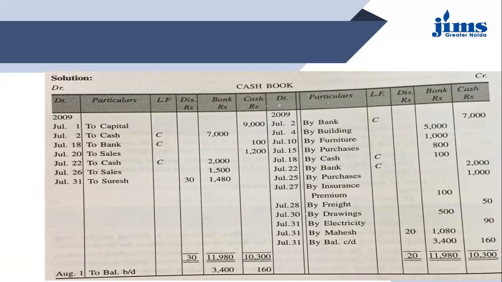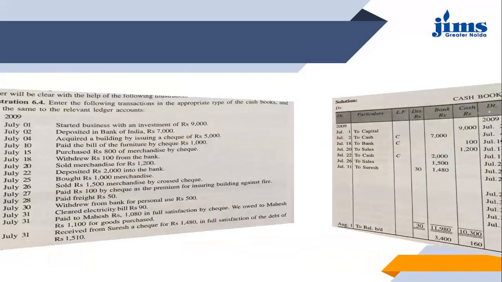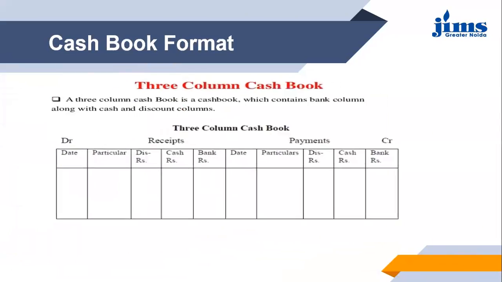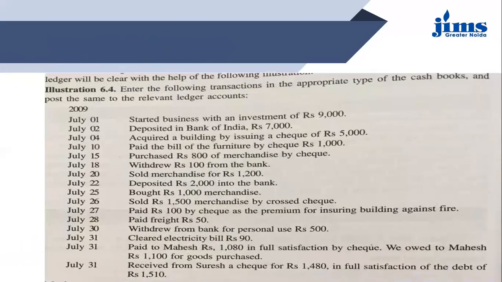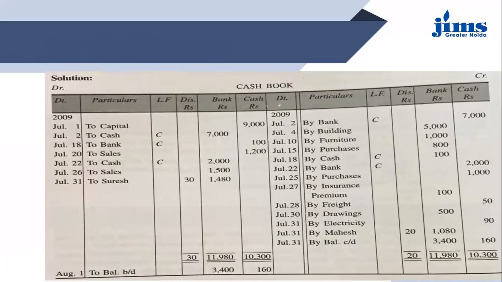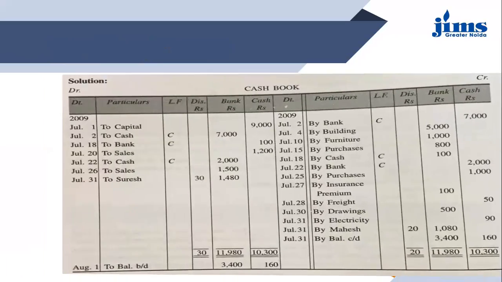Both items are recorded in the bank amount column because both transactions are done through bank. Then 15th July says purchase 800 of merchandise by check. It is affecting the bank, so by purchases, you will write 800 rupees, as you can see here.